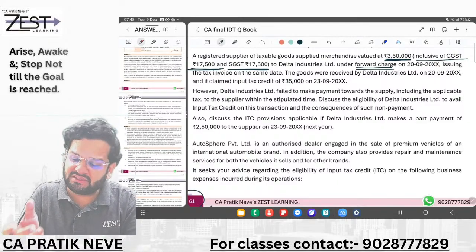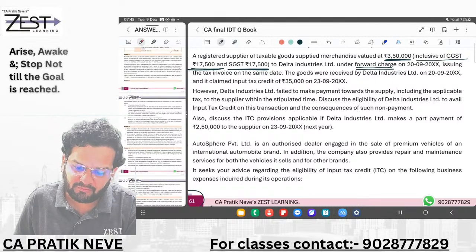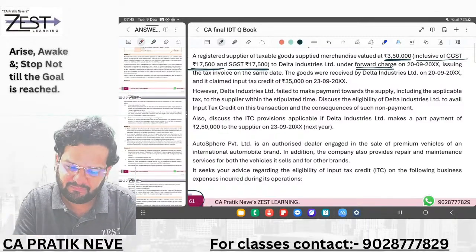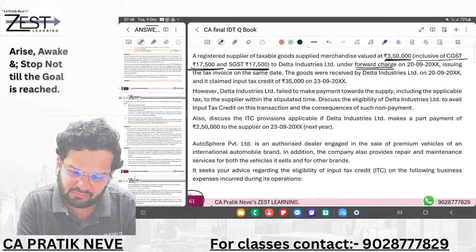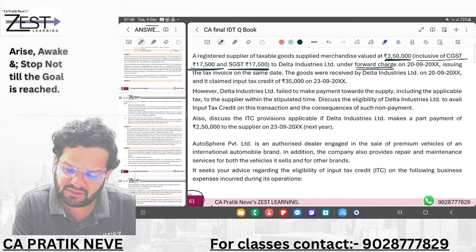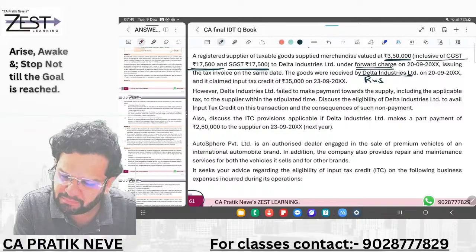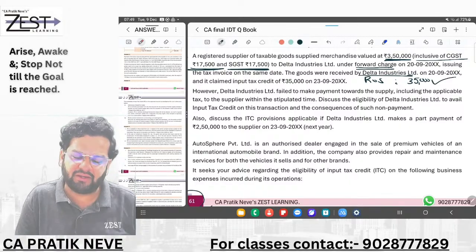The goods were received by Delta Industries on 20 September and it claimed ITC of 35,000 on 23rd September. So friends, Delta Industries is the recipient of supply. So the recipient of supply has availed ITC of 35,000 rupees. Okay.